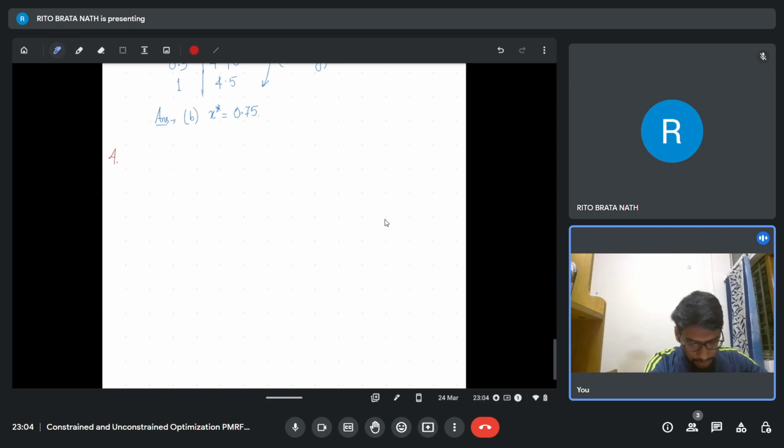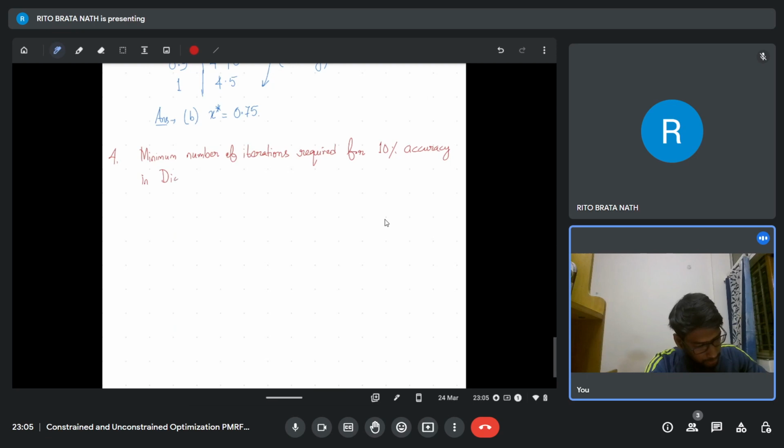Yeah, the fourth problem is a simple problem. It asks you about the dichotomous search method, and it only asks you to tell the minimum number of iterations required for 10% accuracy in dichotomous search method.